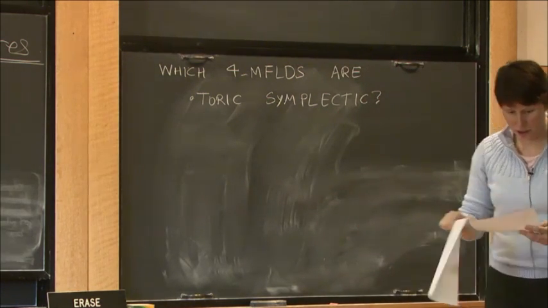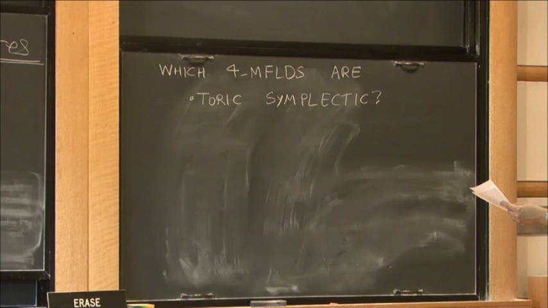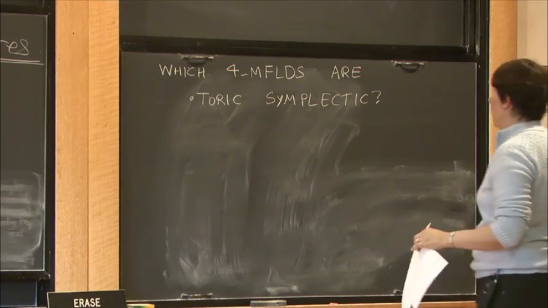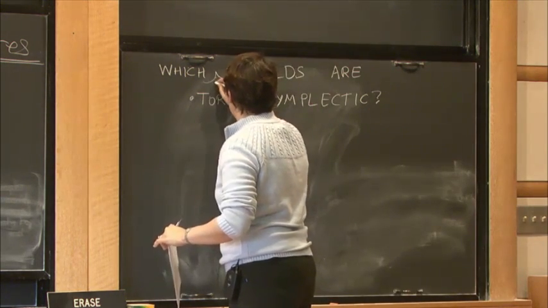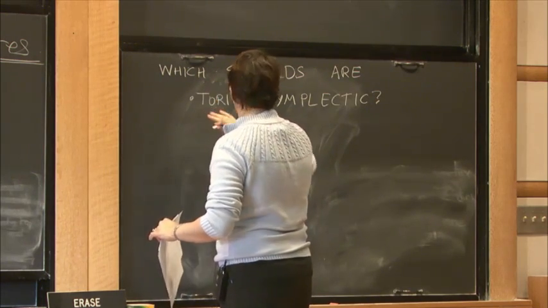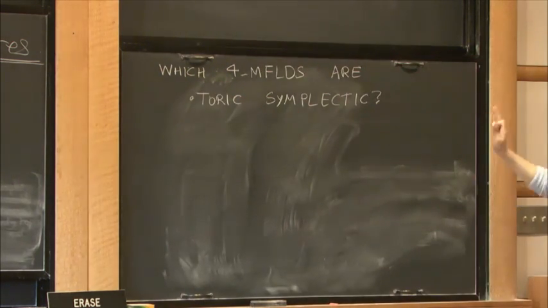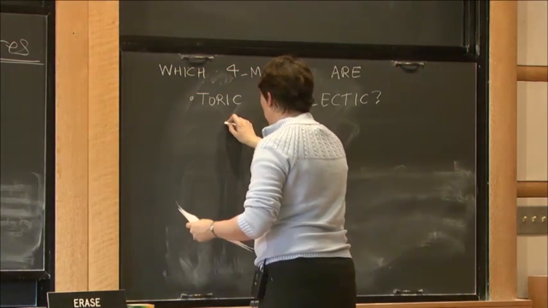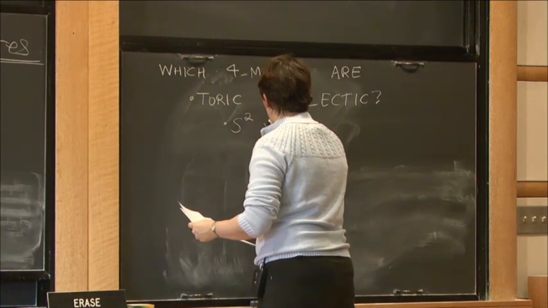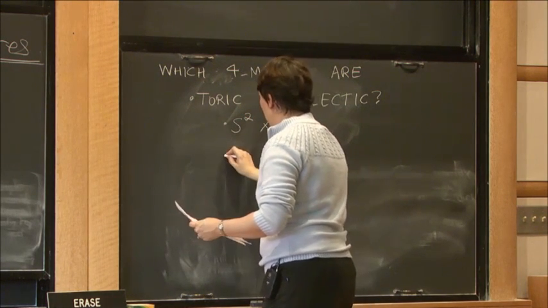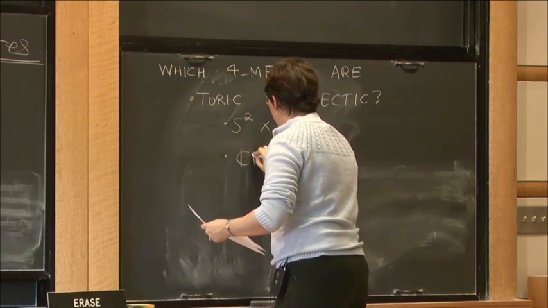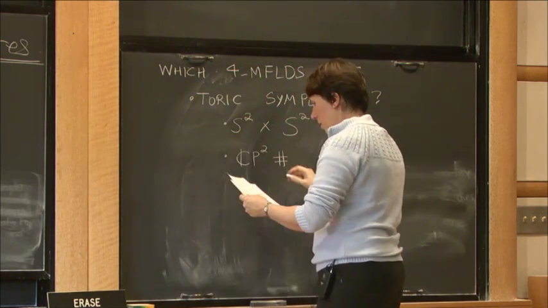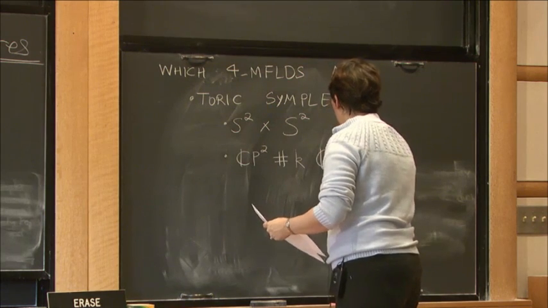I'm supposed to say which simply connected. Let's just say which toric symplectic manifolds are simply connected. The toric symplectic ones include S2 cross S2, and the only other ones are CP2 connect sum K copies of CP2 bar.